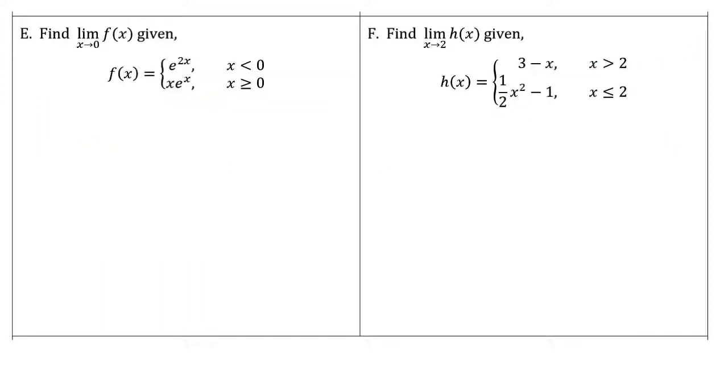And finally, we're at our last two examples. And again, it's piecewise, so we do need to look at both sides. And so for the first one, I have the limit as x approaches 0 from the left of our function f of x. And so from the left, that means I want all the values less than. And so notice it's e to the 2x. Now don't freak out when you see that.